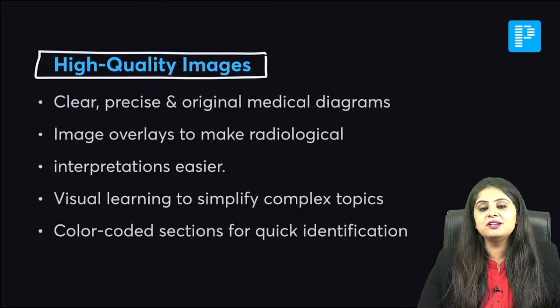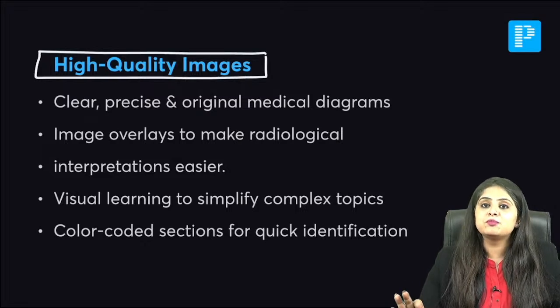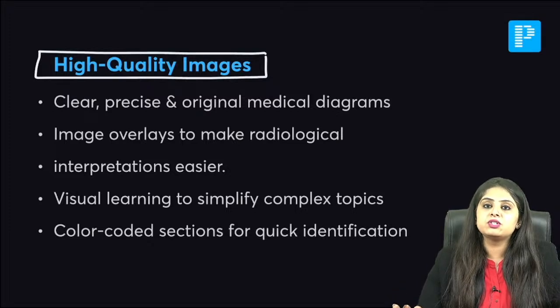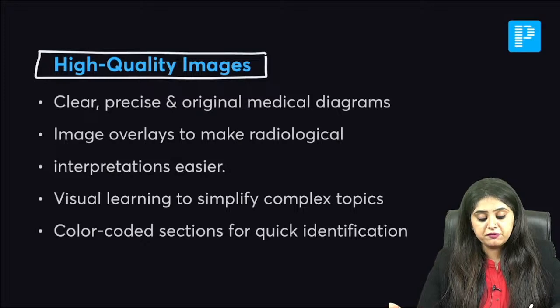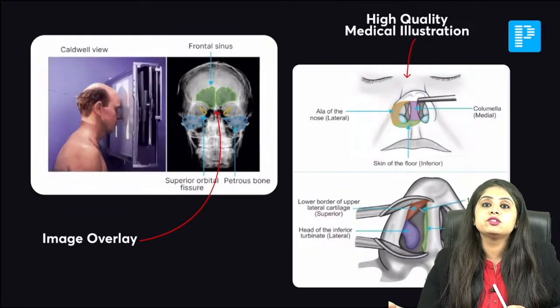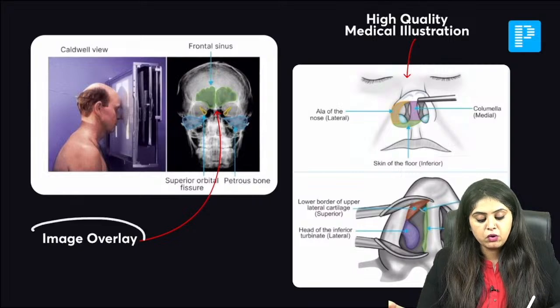So we've got high quality images which will help you understand subjects like radiology, orthopedics, pathology, microbiology, where images are a mainstay for the diagnosis in a question. I think this is very important. Of course, interpretations are also going to become easier because the images are not just high quality, they've also got something called overlay.